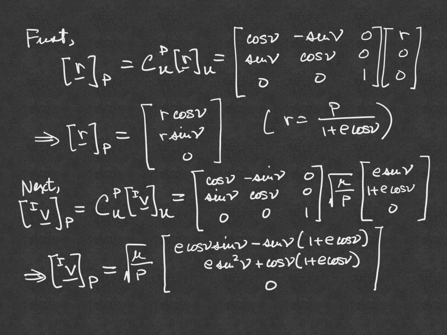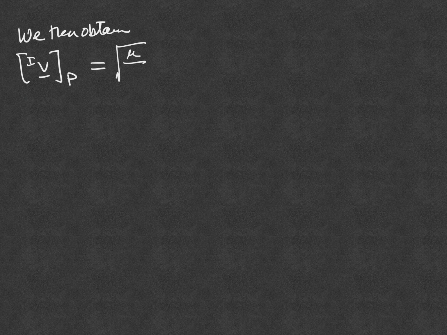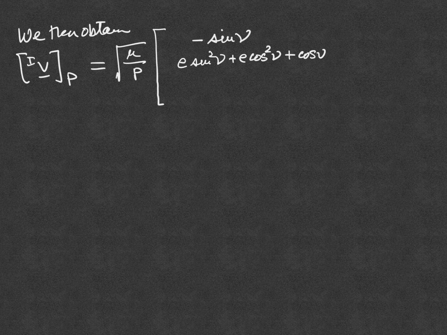So we can simplify this last result to obtain the following. The inertial velocity expressed in p is equal to the square root of mu over p times minus the sine of nu, and the second term becomes e sine squared nu plus e cosine squared nu plus the cosine of nu, and then the third quantity is 0.